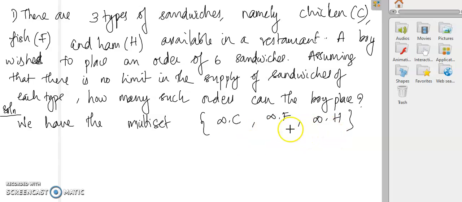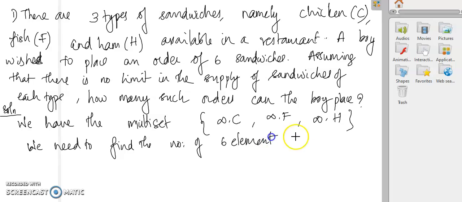Out of these three objects, I have to choose 6 at a time. So we need to find the number of 6 element multi-subsets. That is our problem.